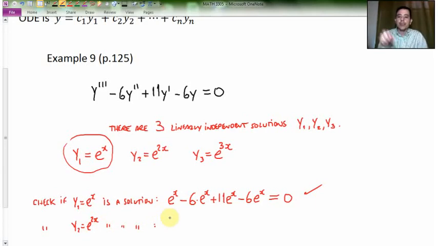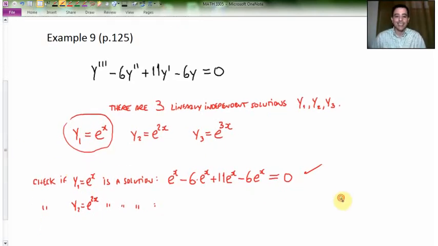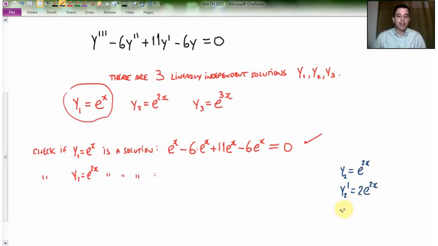The second derivative is 2 times 2e to the 2x, which is 4e to the 2x. And the third derivative is 8e to the 2x.